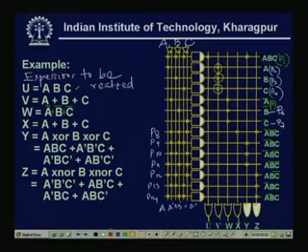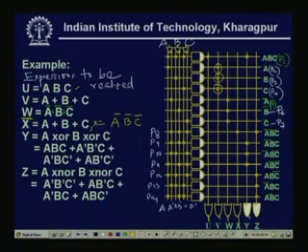Actually, if I take X complement, that will be A plus B plus C. So, X is A bar, B bar, C bar, or X complement is A plus B plus C.